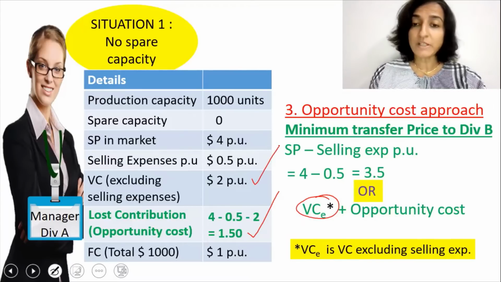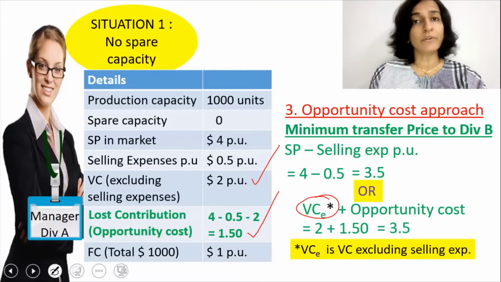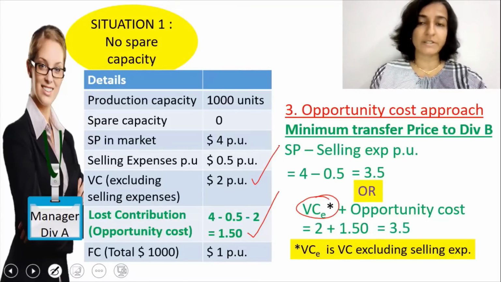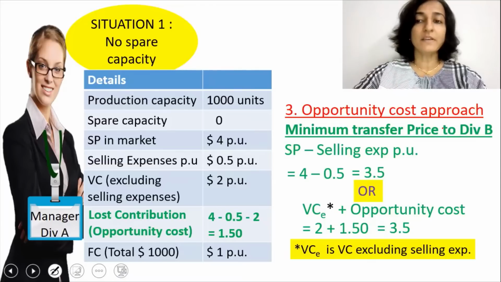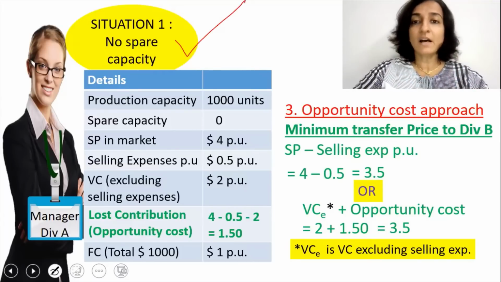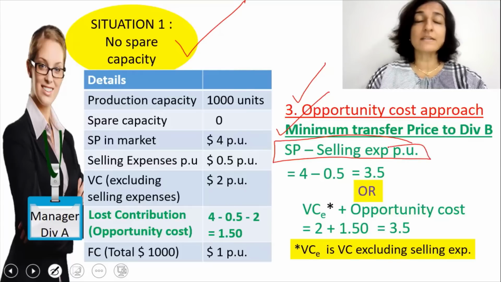So what is the minimum transfer price? It's 2 plus 1.5, or $3.5 per unit. So we get the very same answer if we adopt the second formula also. But you need to remember only one formula. Whenever there is no spare capacity and they ask you to adopt the opportunity cost approach, the formula for calculating the minimum transfer price is selling price minus selling expenses per unit.